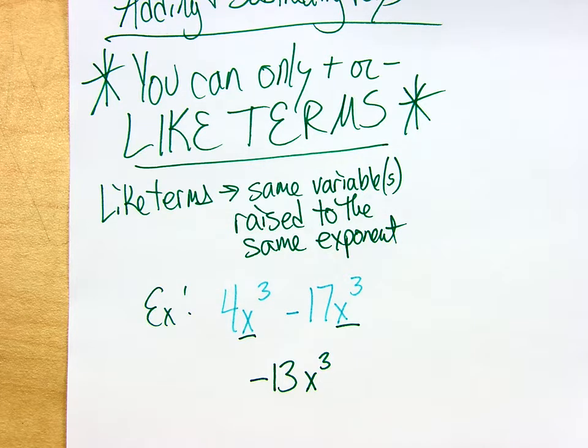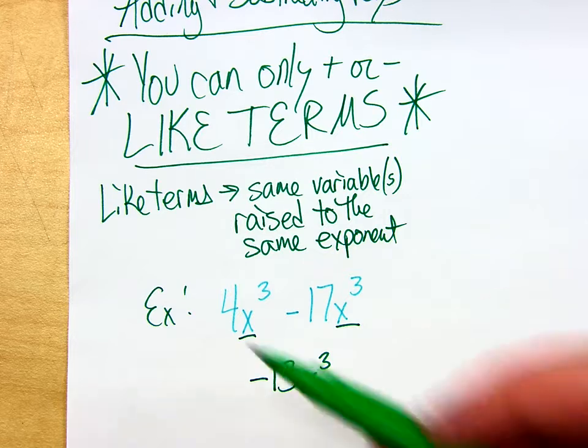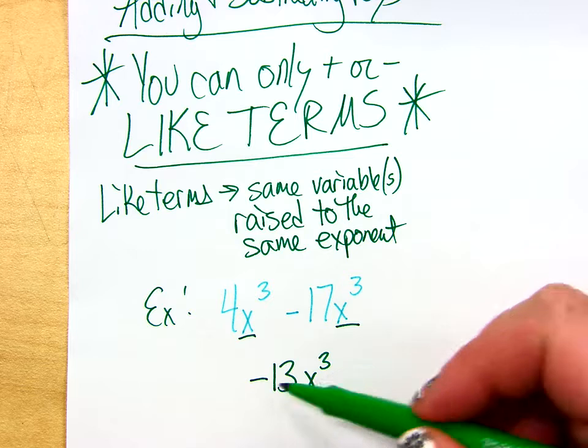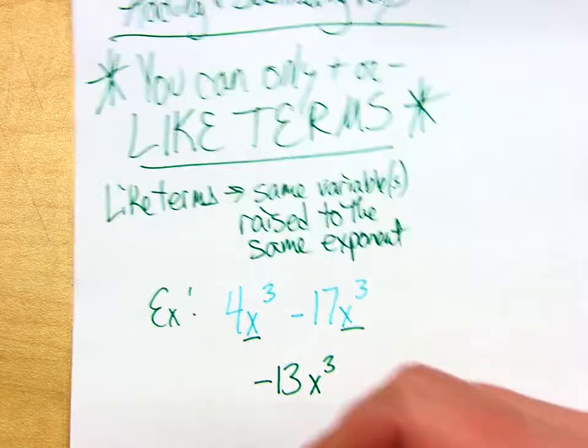It's like 2 inches plus 6 inches is 8 inches. It doesn't become 8 inches squared or something. It would if I were multiplying them, but I'm not, right? 5 socks and 6 socks make 11 socks. That's all I'm doing. So it's 4 of these, negative 17 of these, put them together, that's what I get. Okay?